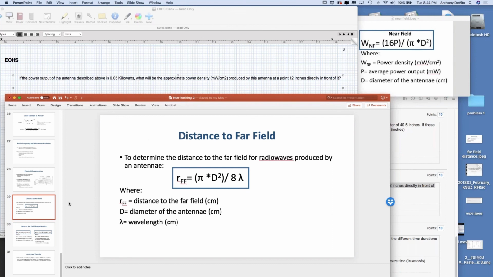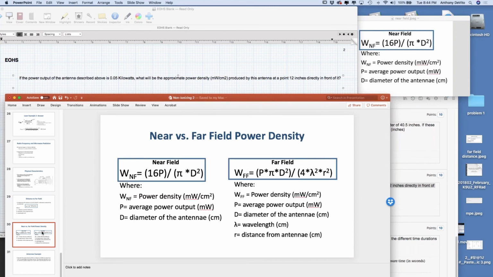So in order to calculate the power density associated with this antenna when we're very close to it, we're going to have to choose one of these two formulas. Since we presume ourselves to be in the near field, not the far field, you could argue that we're kind of in the transitional zone, because we're less than one wavelength.